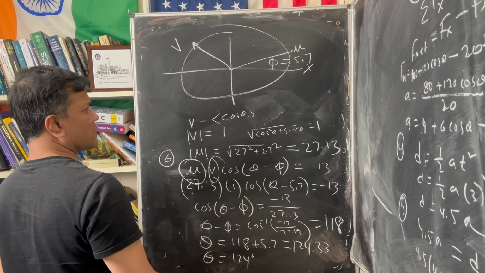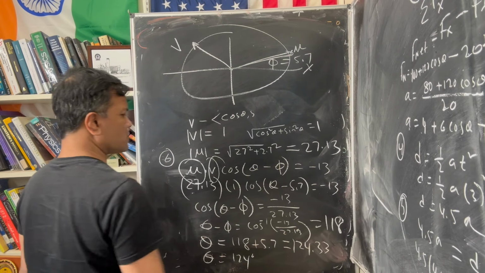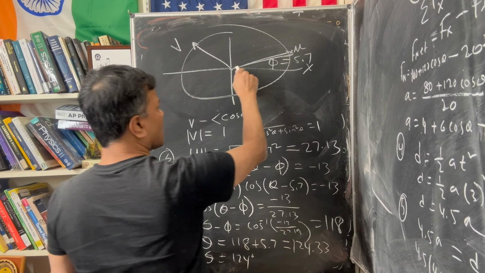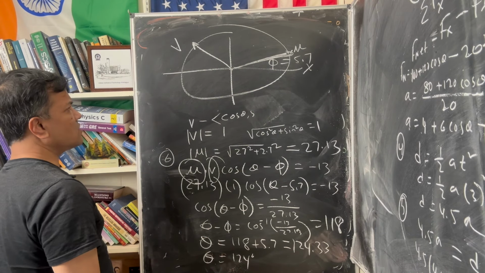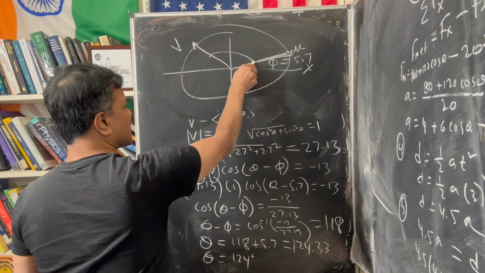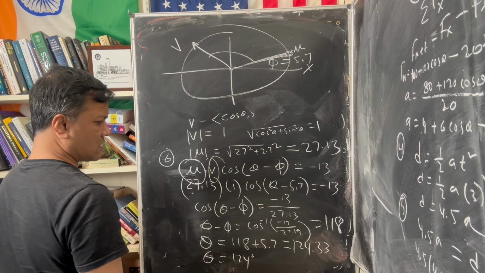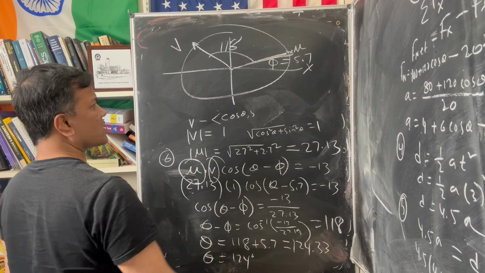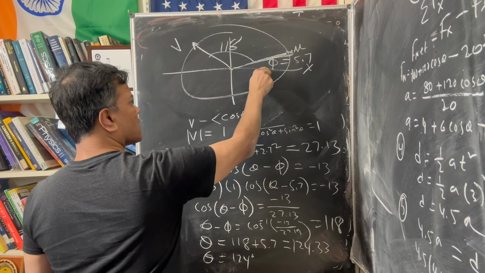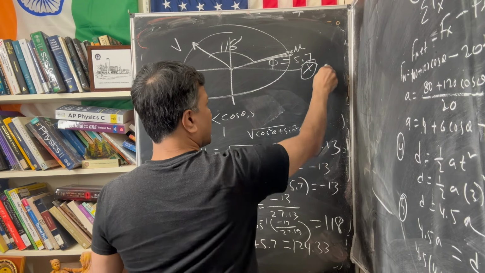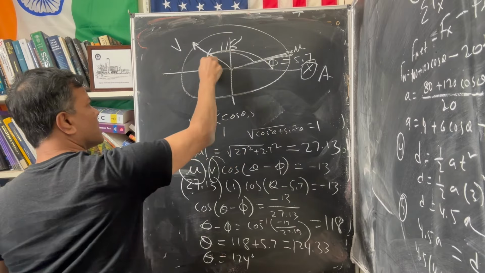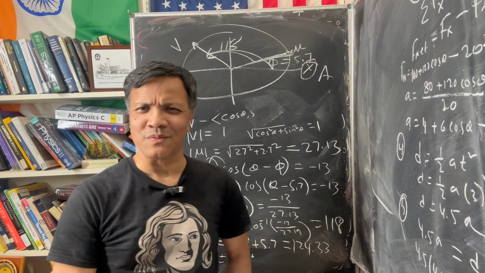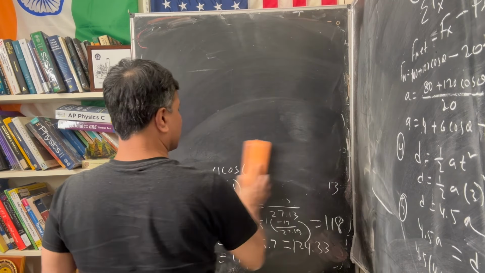The magnitude of u is 27, and the magnitude of v is 1. Now we can find the angle. The angle is 118. So what is the angle from vector A to vector B? 5.7 plus 118. See, we put them together nicely.